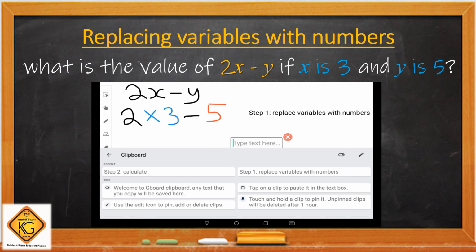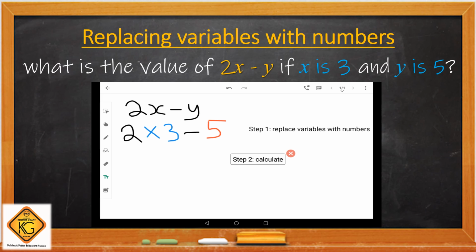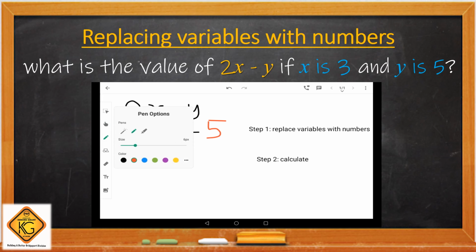Step 2. Step 2 is to now perform the calculations. Notice how at each step I move to a new line. I begin by calculating 2 times 3, which is 6. So instead of rewriting 2 times 3, I simply need to write 6 because that is its value.